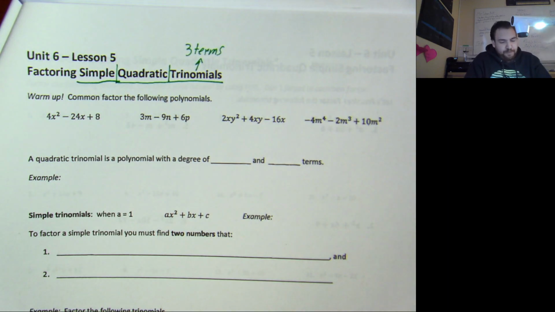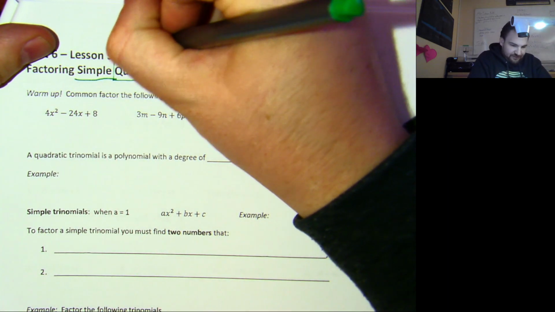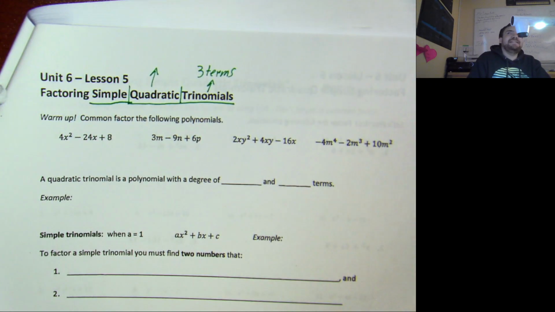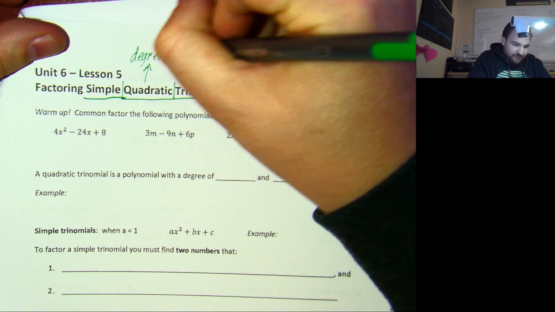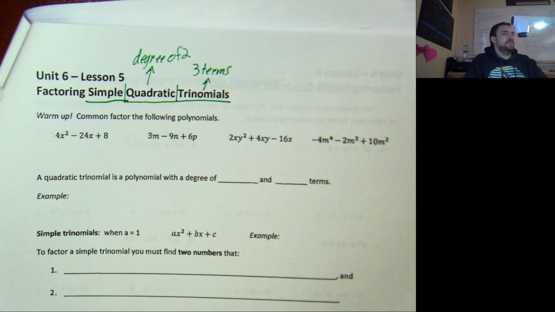For something to be quadratic means that the entire polynomial has a degree of 2. What is a degree?